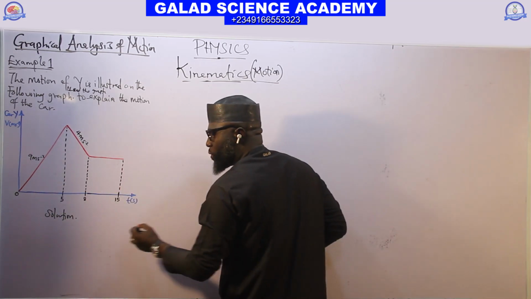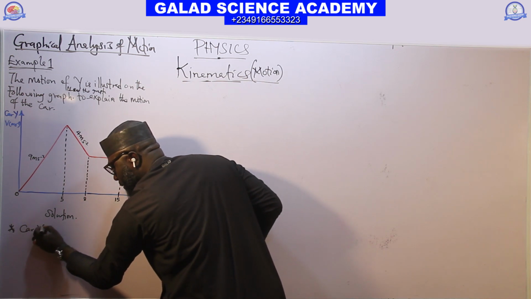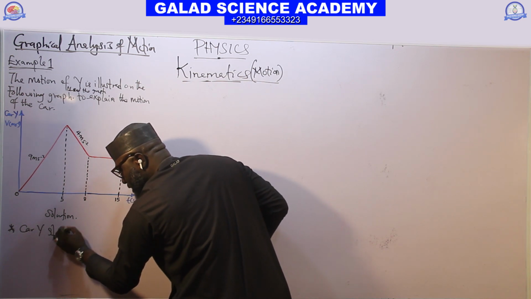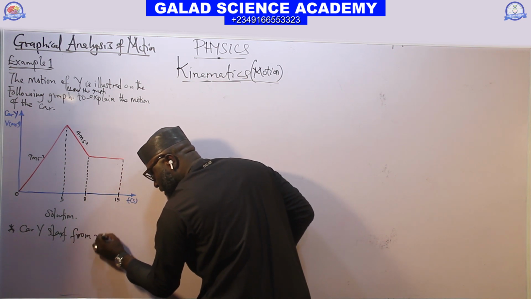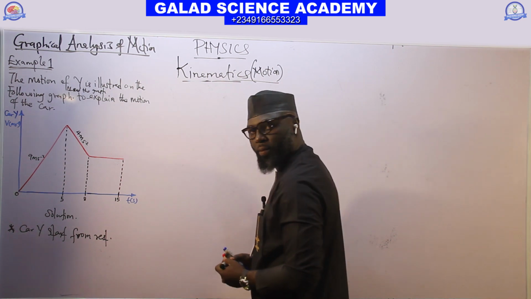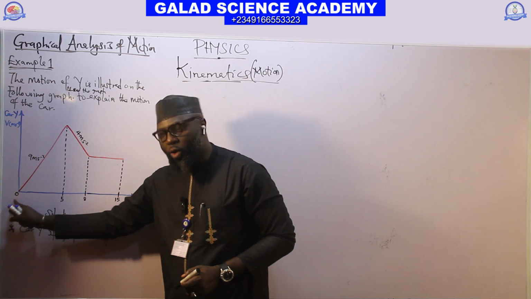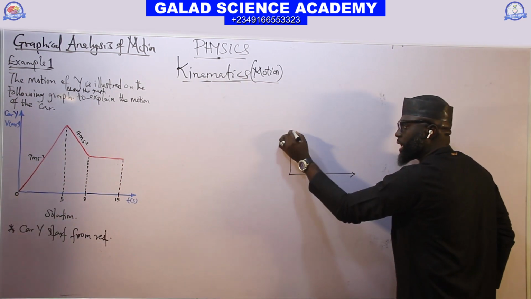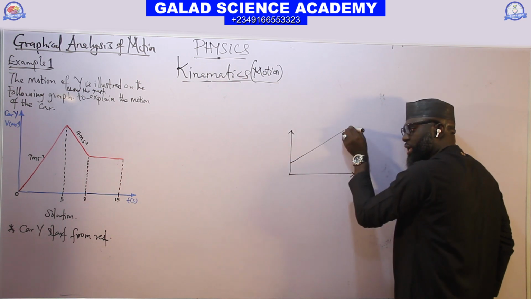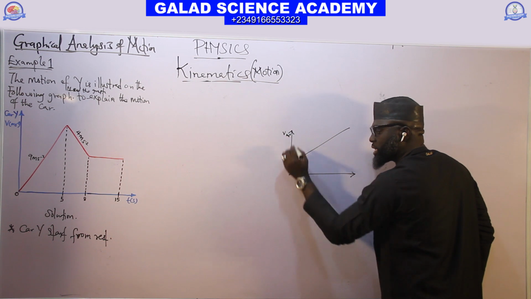Now, car Y starts from rest. Why do we say it starts from rest? Because it starts from zero. Assume the graph is like this and the car starts from here, and we put 2 here on the velocity axis in meter per second.